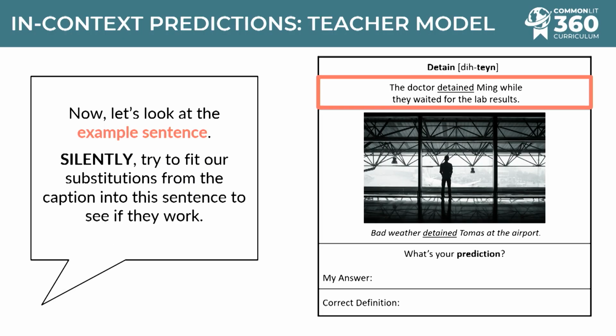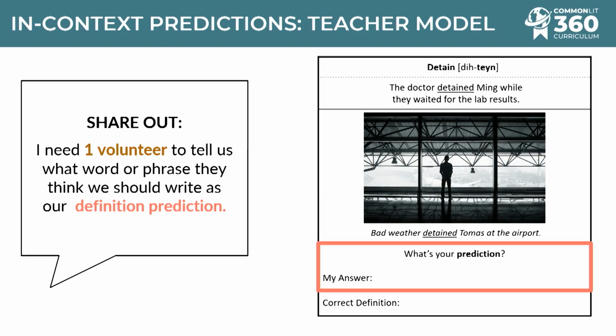Oh, that was excellent. Now let's look at the example sentence. Silently try to fit our substitutions from the caption into this sentence to see if they work. Now I need a volunteer to share. Tell us what word or phrase you think we should write as our definition prediction.